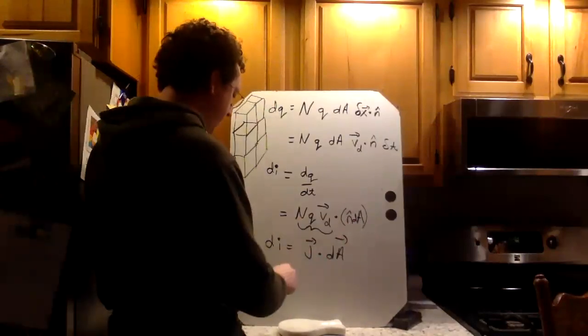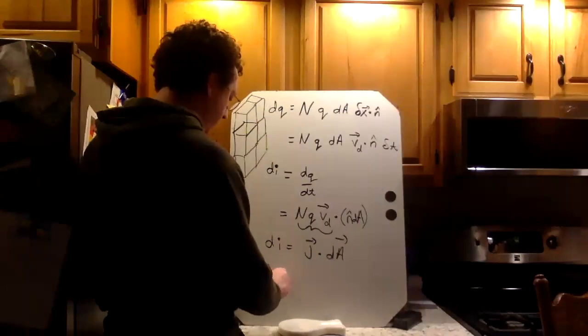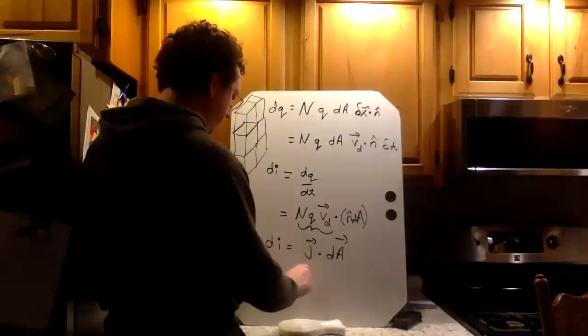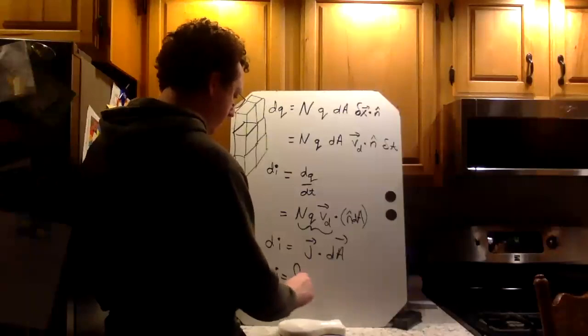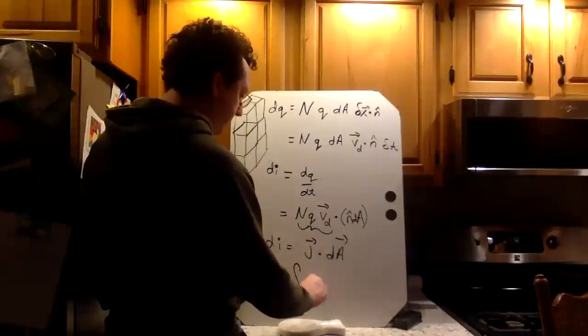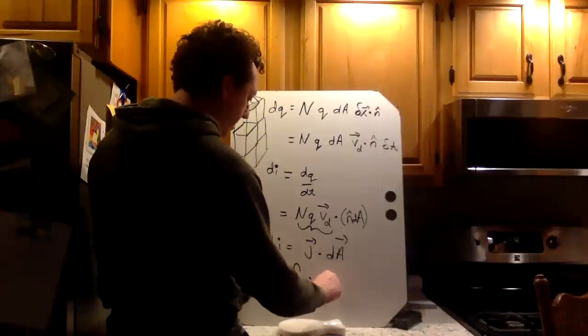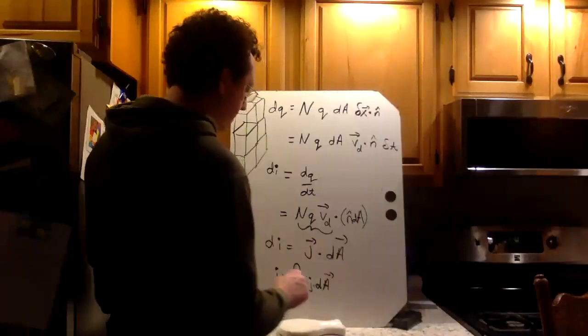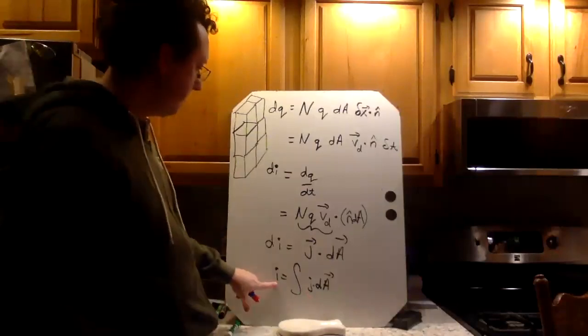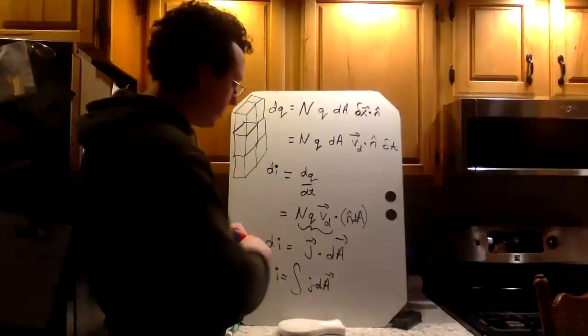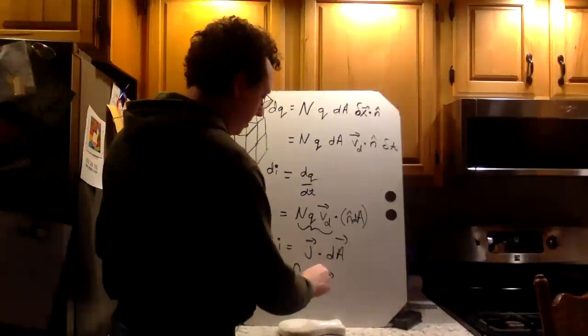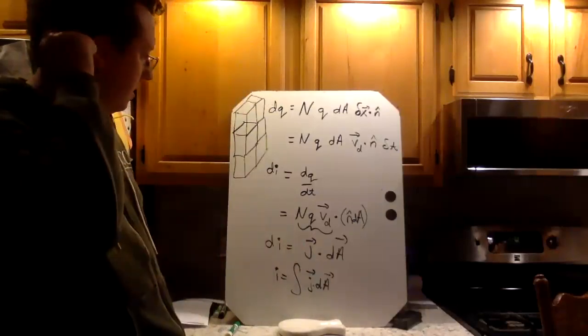Integrating this up, we learn that the current equals the integral of di, which is J dot dA. So the current is the flux of current density through a surface.